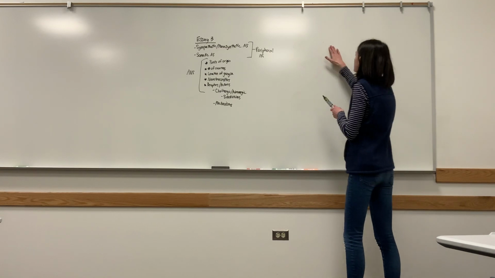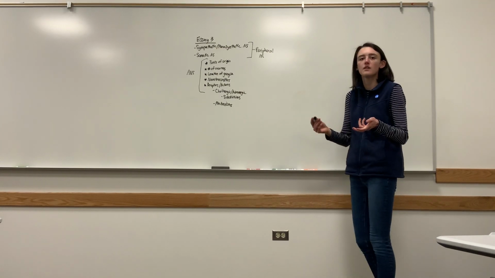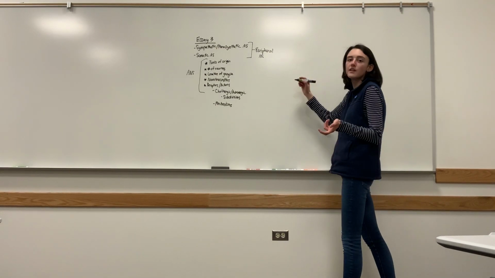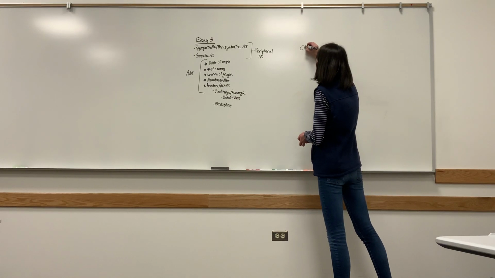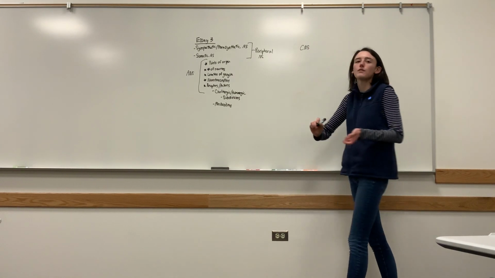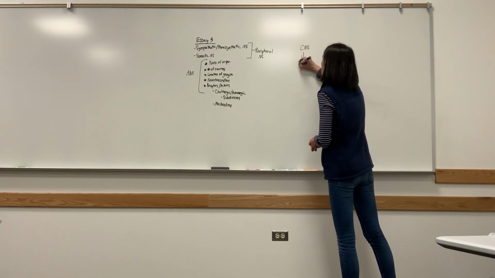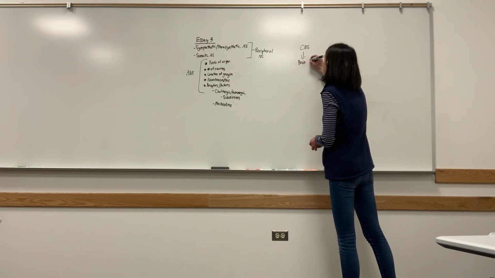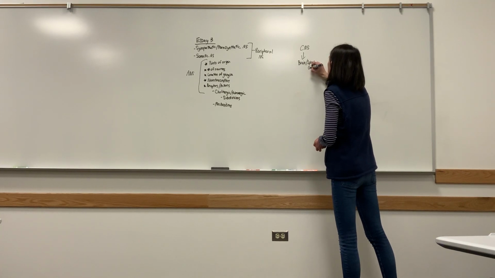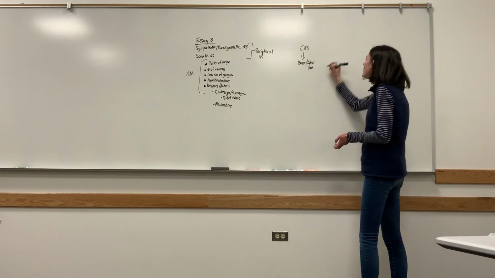So to begin, our nervous system is divided into two parts. We have the CNS, or the central nervous system, which consists of the brain and the spinal cord. And that's really all the CNS is.